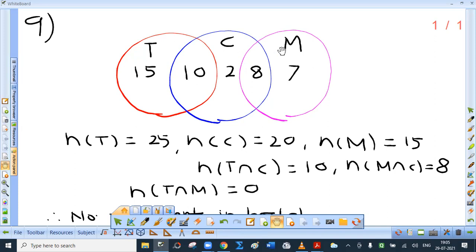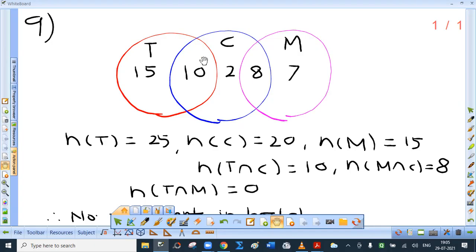Similarly, students taking coffee and milk, both 8, but students taking milk 15, so here 7 take milk only.